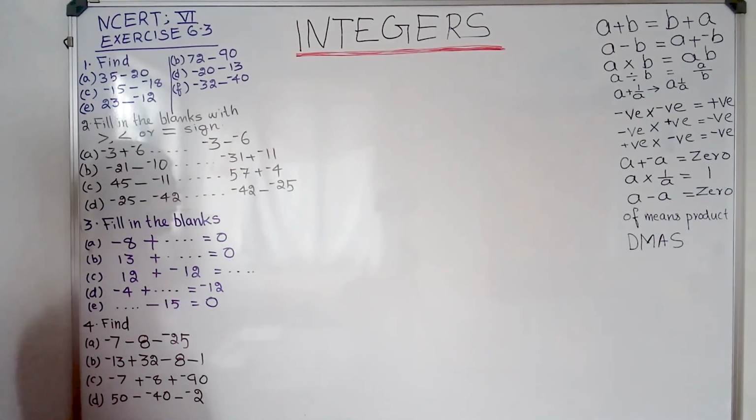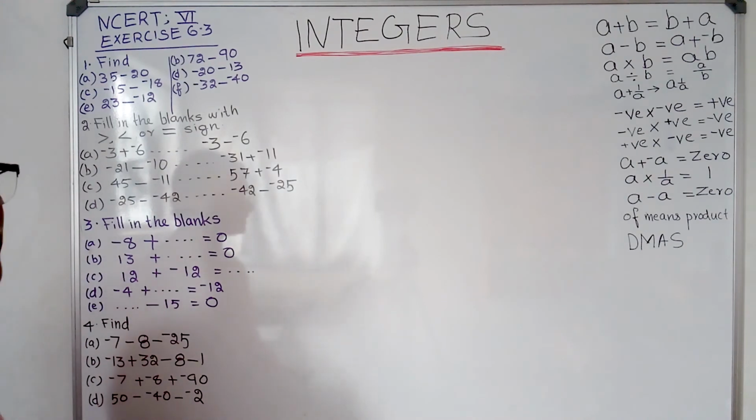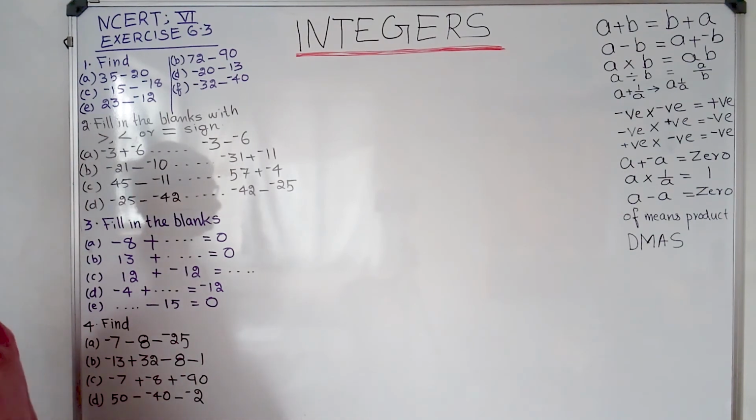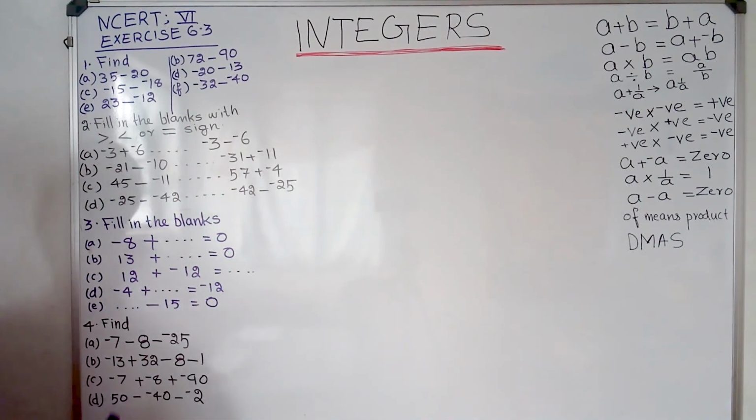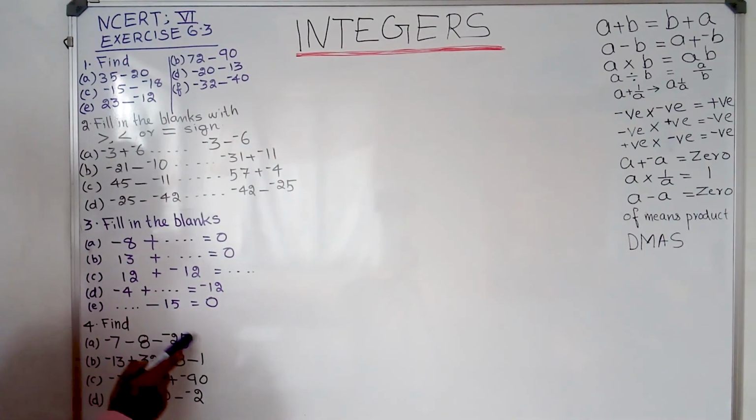In class 8, we need to use BODMAS. Brackets are coming, then fractions, also algebraic terms: A, B, C, D, X, Y, Z. Variables are coming with constants. Class 8 level, 35x minus 20x. Like that. 7x minus 8x minus 25x.